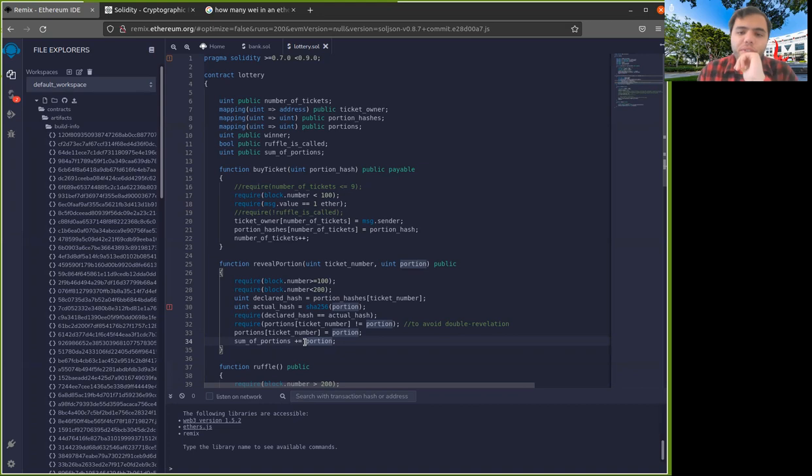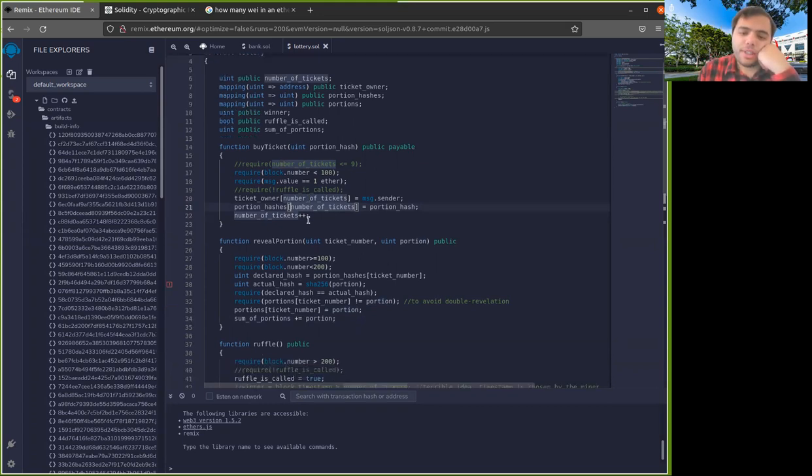And I wait for everyone to buy their tickets. Everyone has bought their tickets, and I have also bought my ticket, of course, and I've given out my portion hash. Now it's the time for revealing, and everyone's revealing their actual portions, and let's say they all reveal very fast, so I can see everyone's portions and I can see that I'm winning.